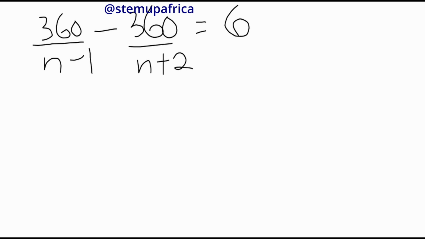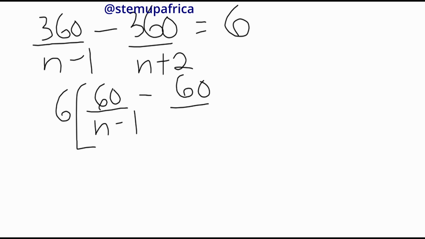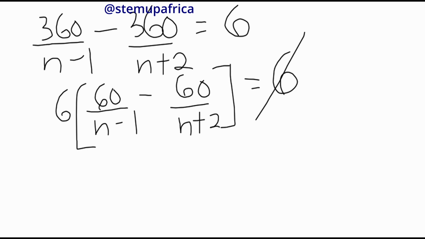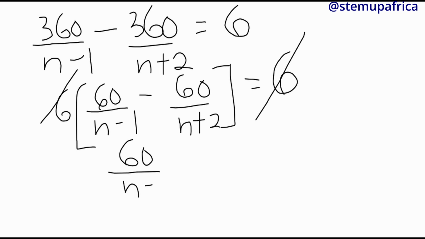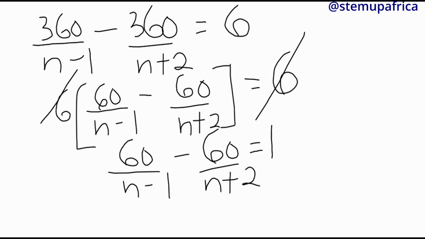If I factorize 6 out, I will have 6 times (60 over n-1 minus 60 over n+2) equals 6, such that this 6 can cancel this 6 out. We'll write what is left: 60 over n-1 minus 60 over n+2. What is left on the right is 1.